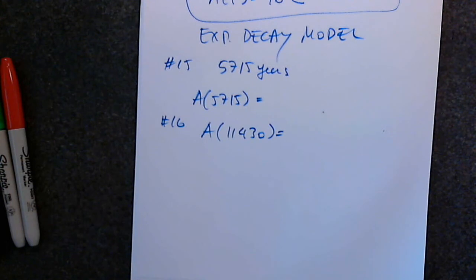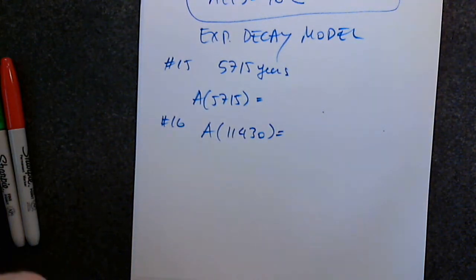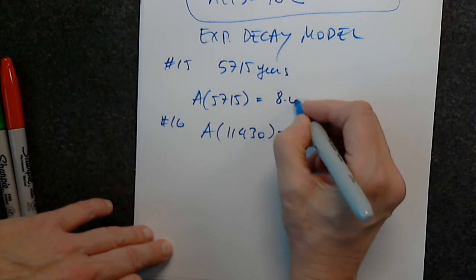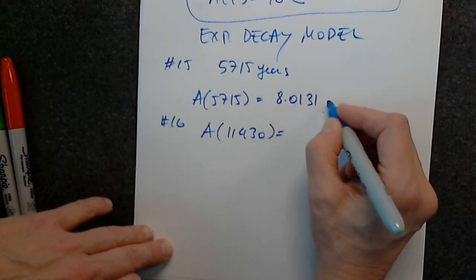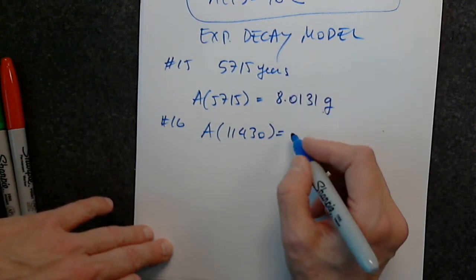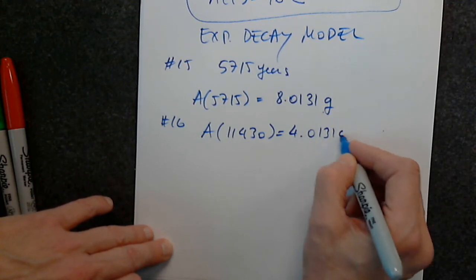And then all I have to do is just directly go to second and table and put 15, and then 11,430. And the answer is in grams. We started with 16, and then 5,715 years later, we got 8.0131 grams, and the other one 4.0131 grams.